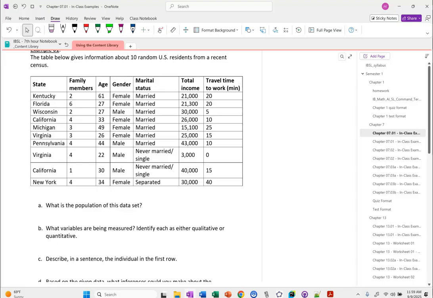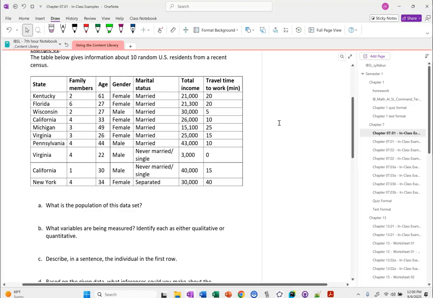Good. And then marital status, qualitative. Good. And there's 3 others still, right? Total income, travel time, and state. So total income, quantitative, travel time, quantitative, and then state qualitative. Correct. Everybody feel okay there? Quantitative is number, qualitative is just word, basically. That was your question.